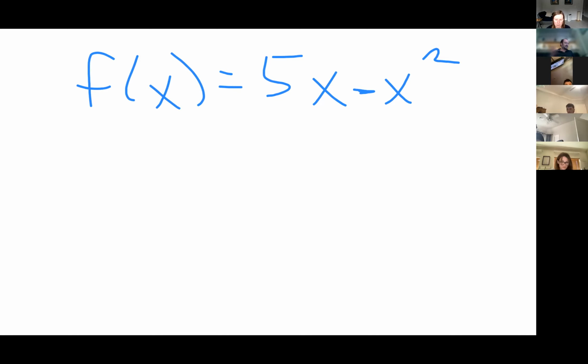How might you want to rewrite this? What am I going to put first? Move the x squared in front. This thing is what we're talking about.